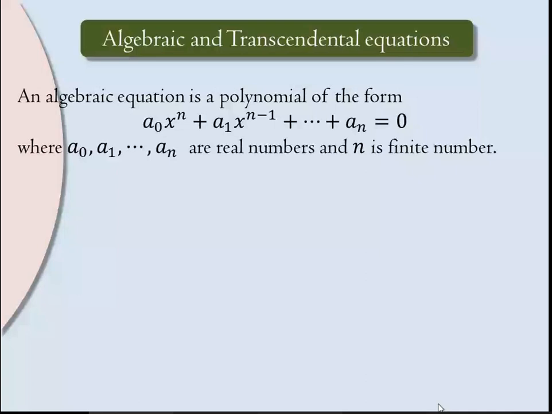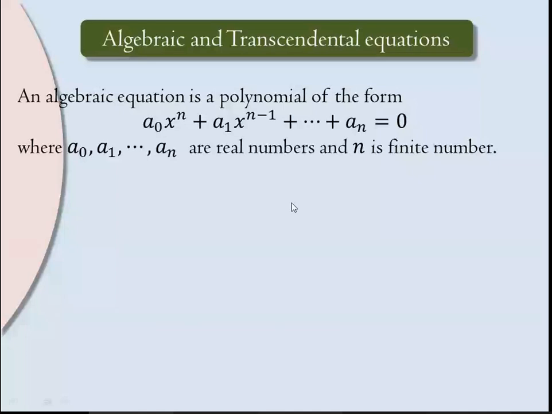If the power of x is 1 everywhere, it becomes a linear equation. If the highest power is 2, it is a quadratic equation. If the highest power is 3, it is a cubic equation. Like that, depending on n, different names are there for the algebraic equation.